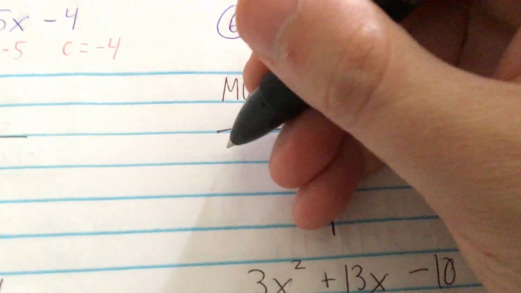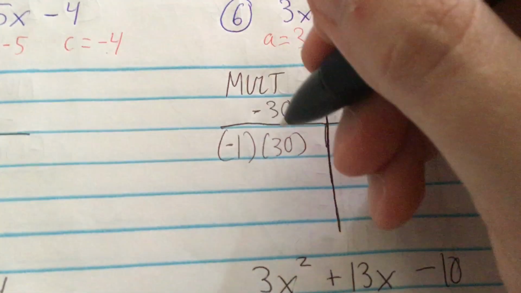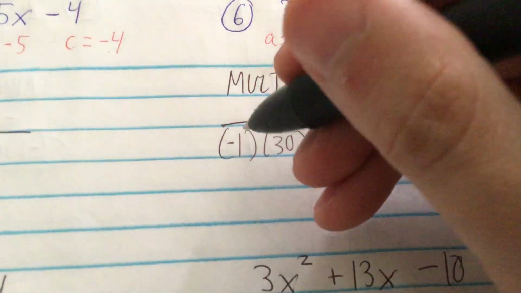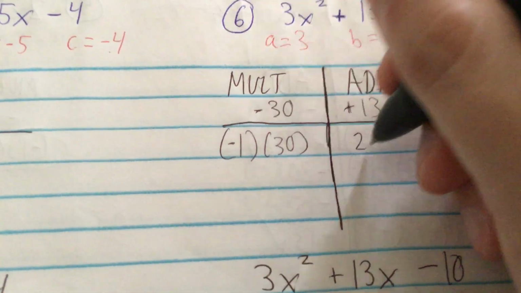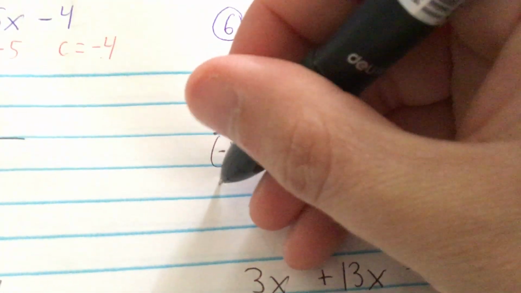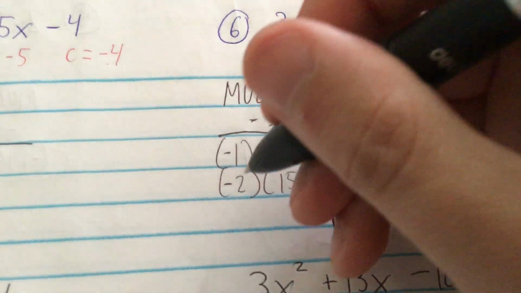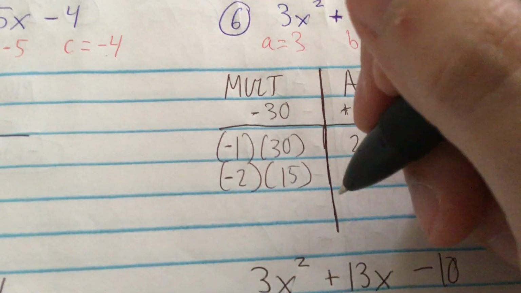So let's make a table of weak negatives and strong positives. Negative 1 times 30 is negative 30, but negative 1 plus 30 is positive 29. That doesn't work. Let me try 2. Negative 2, positive 15. Negative 2 times 15 is negative 30.